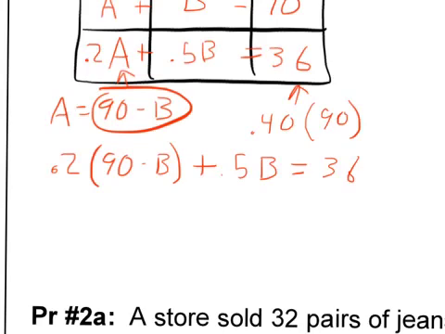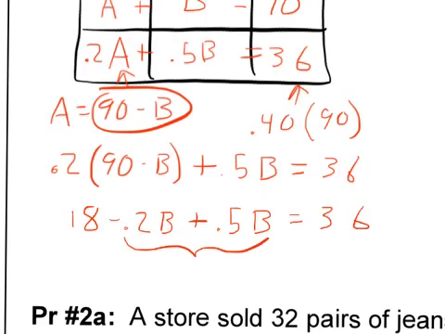0.2 times 90, I believe that's 18, minus 0.2B plus 0.5B equals 36. These two things combine to be 0.3B, and I'd actually subtract 18 from both sides, making these guys cancel out and just giving me 18.